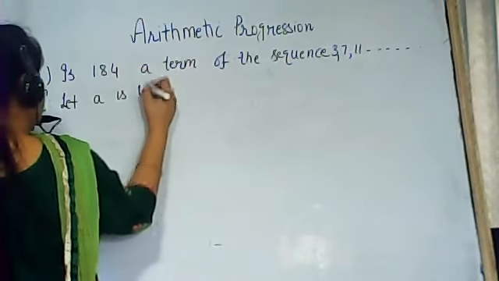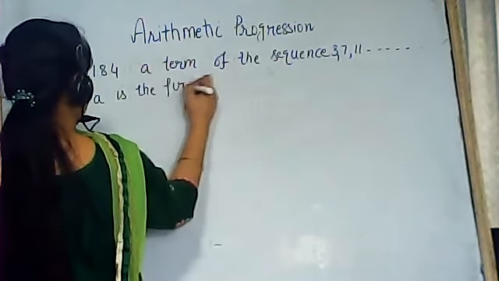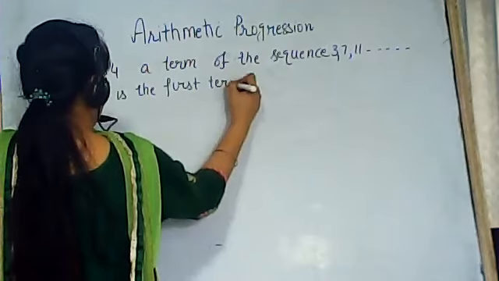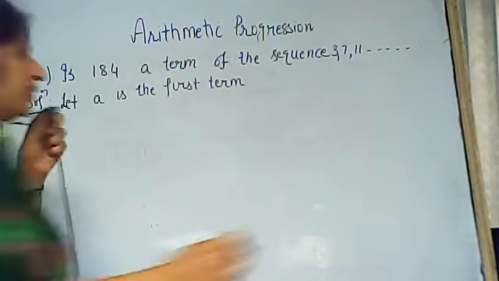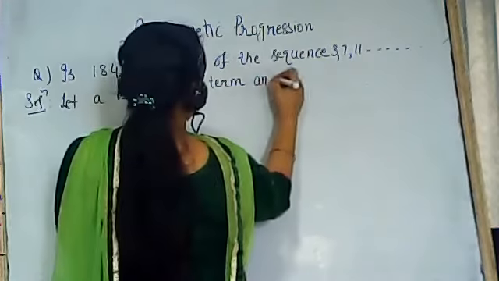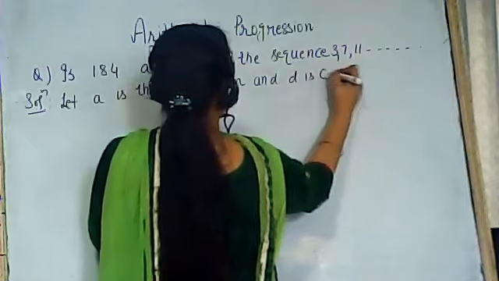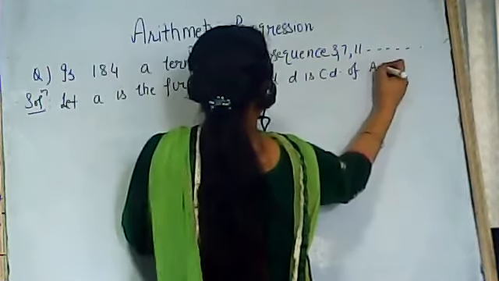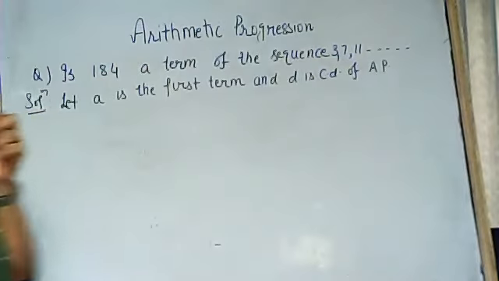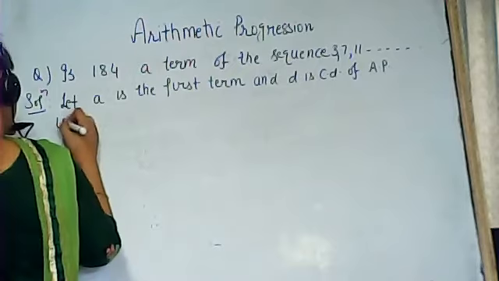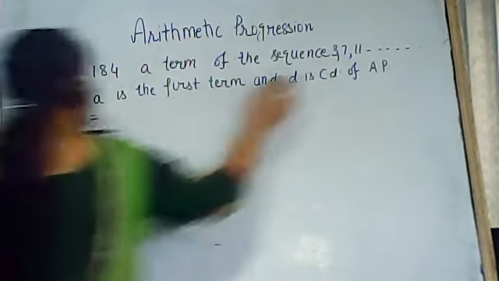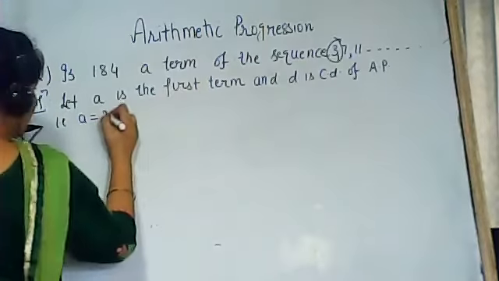Let A be the first term and D be the common difference of the given AP. What is the value of A? A is the first term, which is equal to 3.